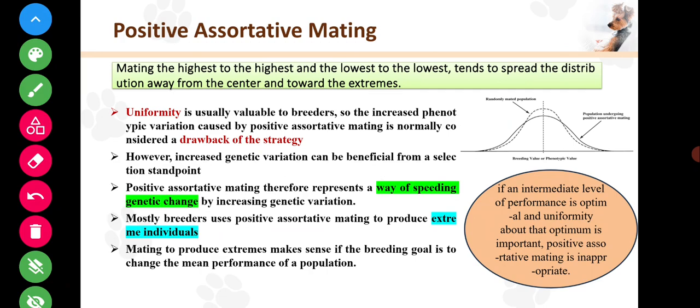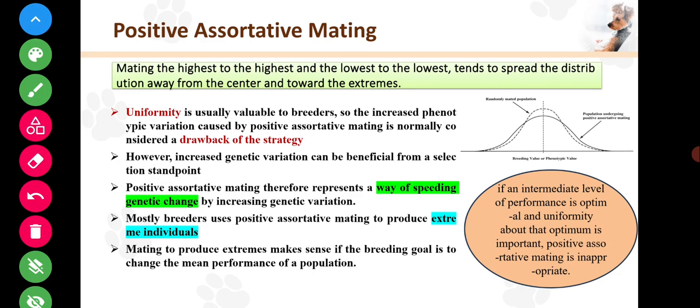Uniformity is usually valuable to a breeder. In general, a breeder will like uniform animals. Why? Because if he or she is posted in a farm, the owner or administrator will always appreciate uniform animals, since they are very good for any kind of further selling or purchase.